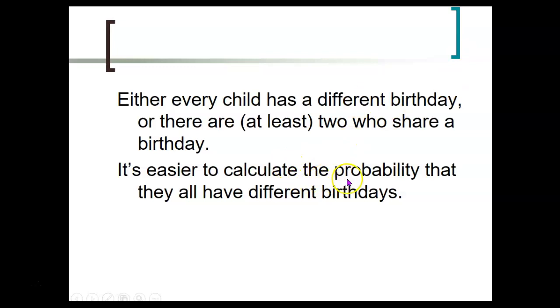And it's easier to calculate the probability that they all have different birthdays, that there aren't anybody in the class that has the same birthday as anybody else. So then if we can calculate the probability that they're all different, then 1 minus that probability would be the probability that somebody has the same birthday as somebody else, that they're not all different, that two kids at least share a birthday.